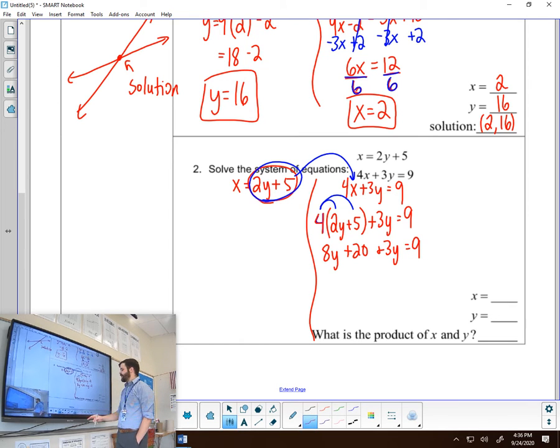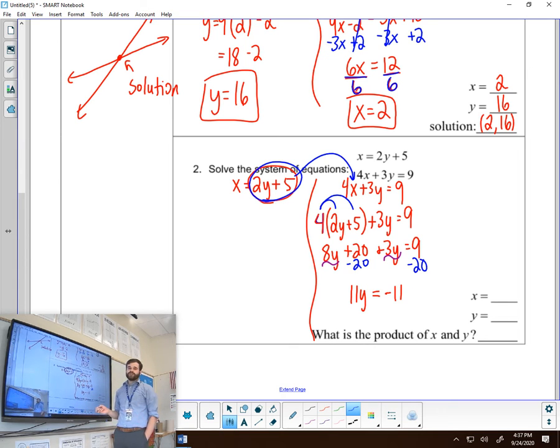I'm going to combine my like terms, 8y and 3y become 11y. Then I'm going to subtract this 20 here and also subtract it from the other side. So I'm going to have 11y equals 9 minus 20, which is negative 11.